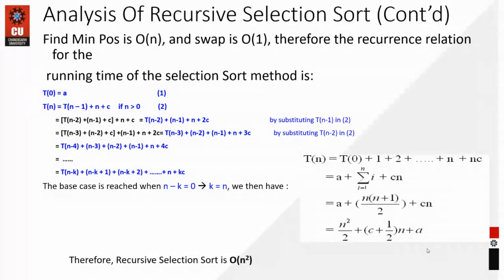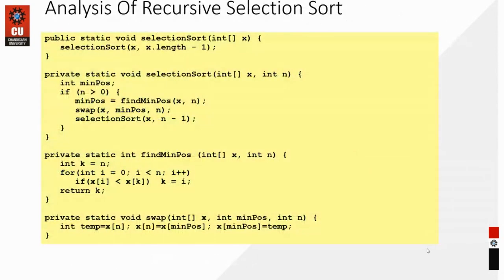So in this way, you need to understand the topic. You can see what I am doing. Again, I am showing you the analysis of recursive selection sort. If it is a Java program, you can write the recursive functions in C++ also.